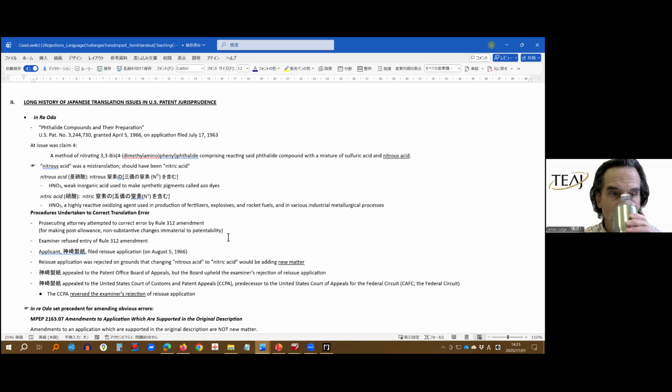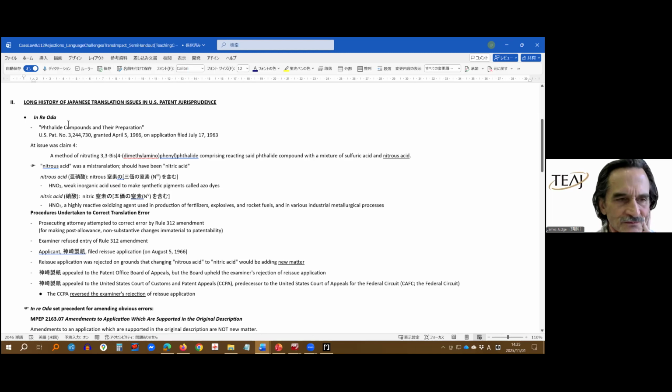Excuse me just a moment. And this case is called In re Oda, because the first named inventor in this case was a Mr. Oda.